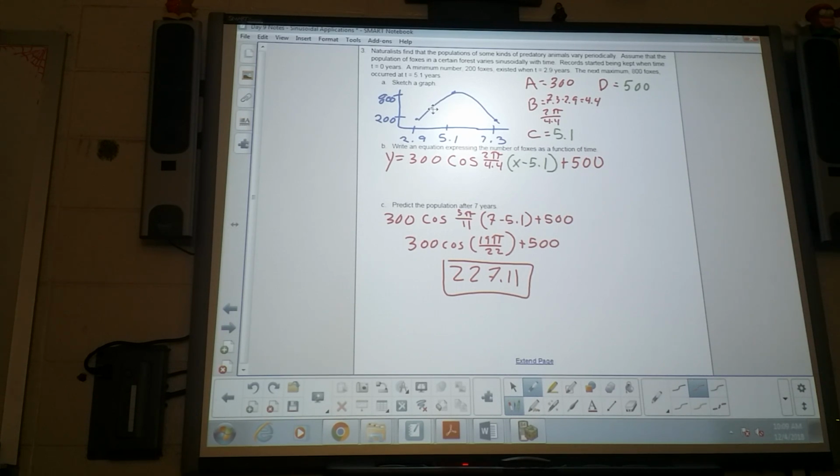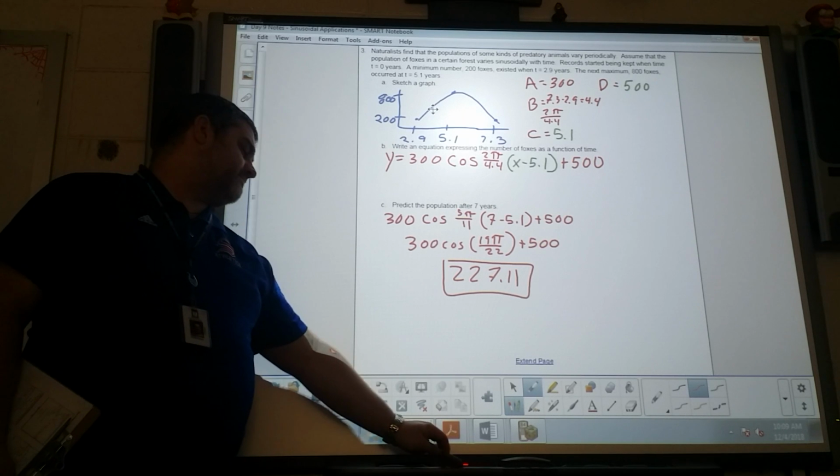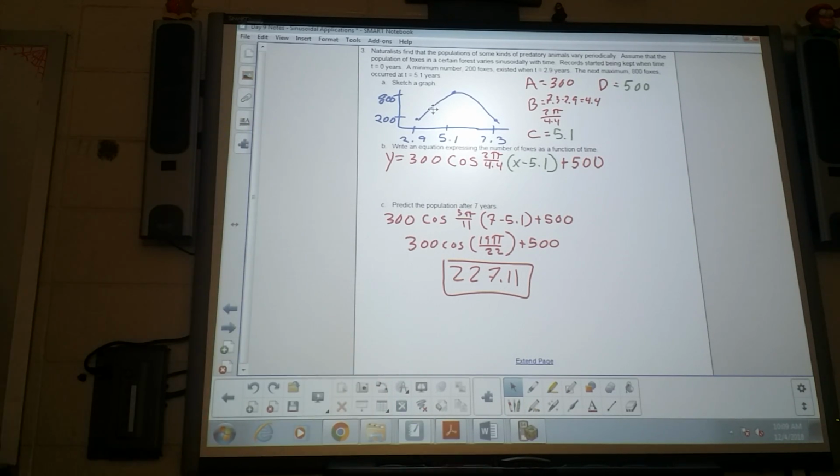But what I had before was 2 over 4.4. Yes, if you use 2 over 4.4, you will still get the same final answer. It's just the simplified version of the fraction. Any other questions on 3?